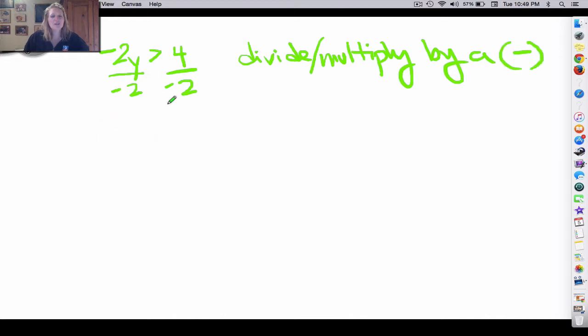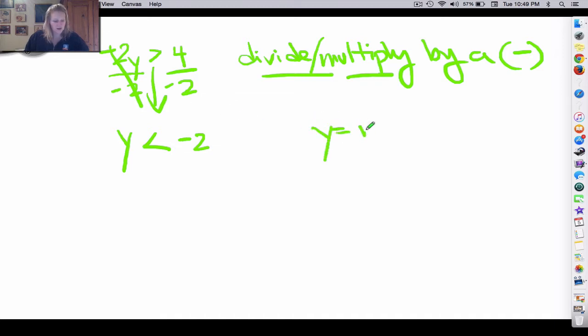You have to flip the sign. So if you're doing that, you cancel that out, that's great, but now suddenly your answer, y is no longer greater than, it is now less than -2. So just remember, you're going to have to solve again to get to the slope-intercept form. And so that means that you may be having to move negatives from one side of the inequality to the other. Okay, so another important thing for you to know.